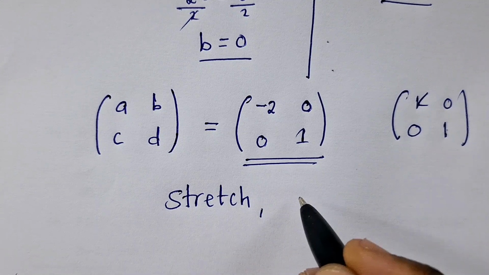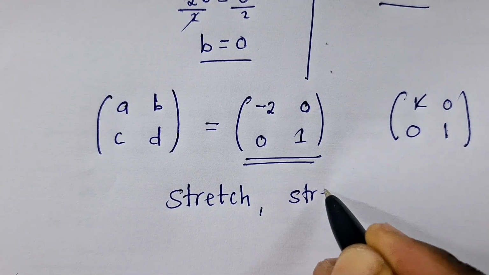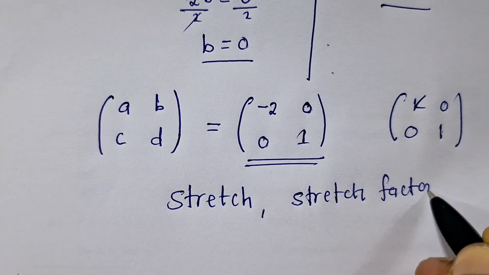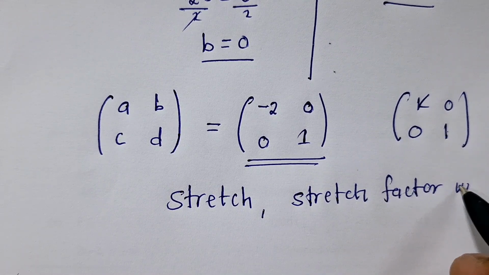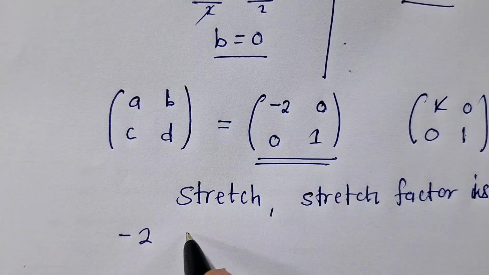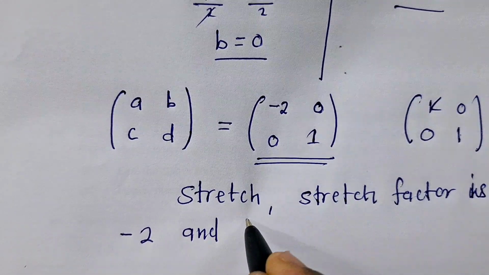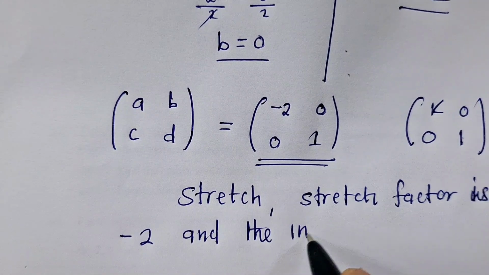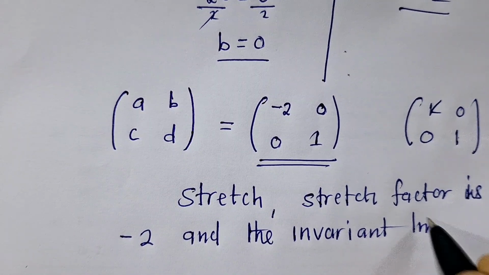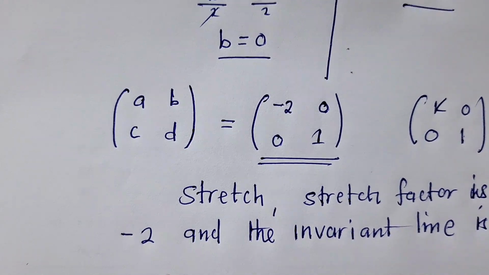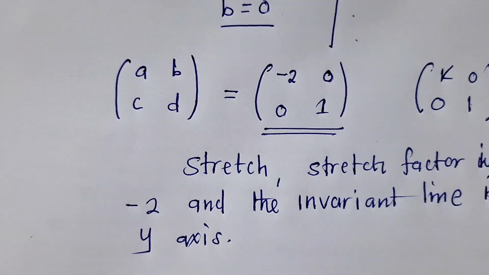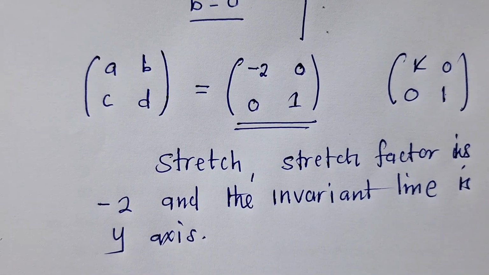So we shall say stretch, and then stretch factor will be equal to, or is, negative a 2, which is here, and the invariant line is y-axis. So this is how it's supposed to be.